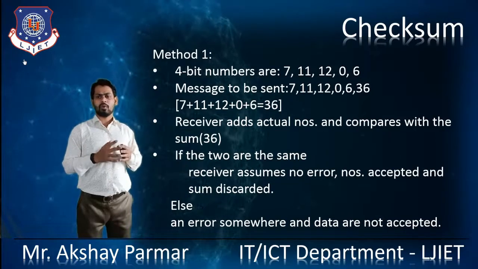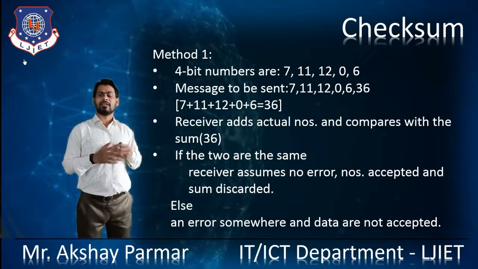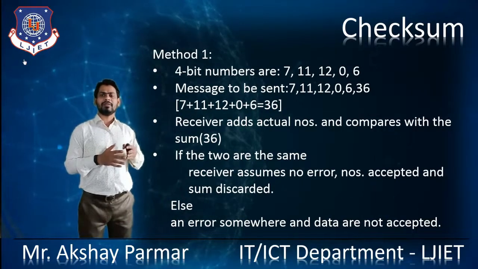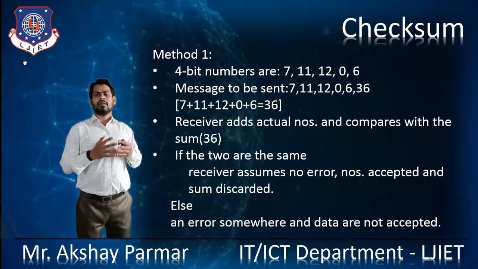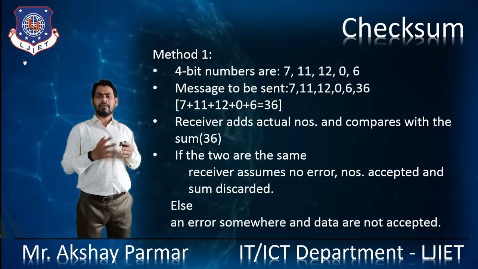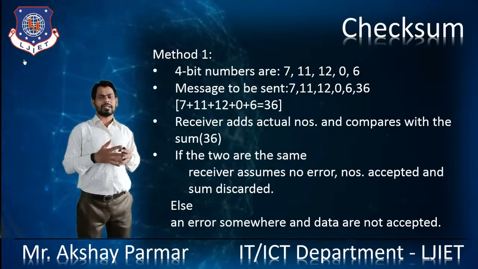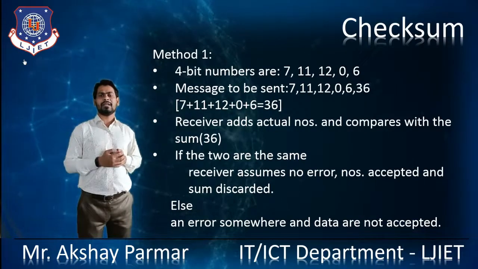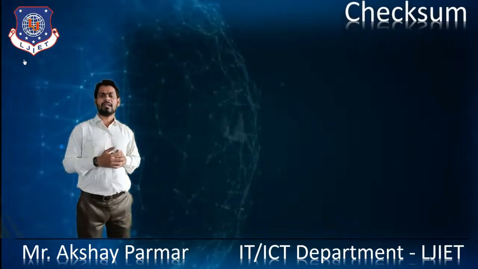If the two are the same, the receiver assumes there is no error, the numbers are accepted, and the sum is discarded. Else, if there is an error somewhere, the data is not accepted.